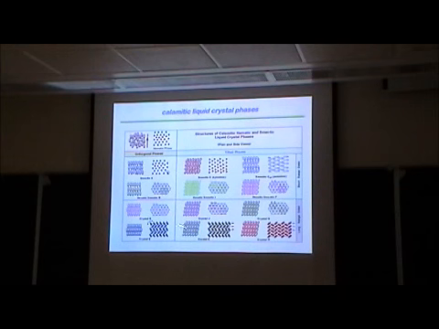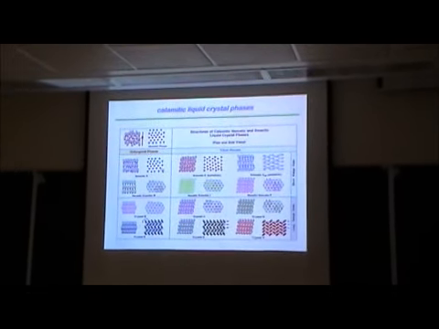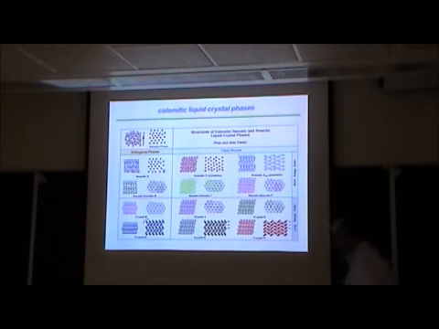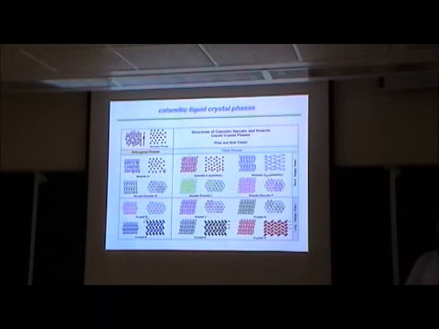Now, just in this sort of scenario of rod-shaped molecules and layers, this shows that there are a bunch of other phases. So part of today is going to be a survey of what the possibilities are in terms of molecular architecture and liquid crystal ordering.